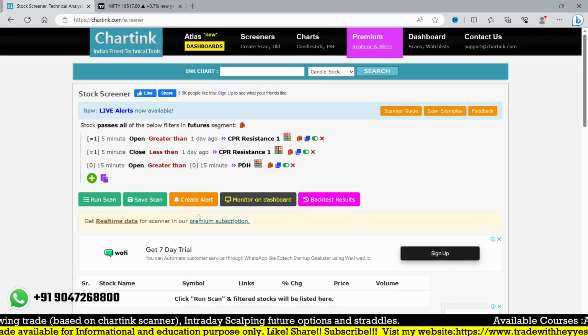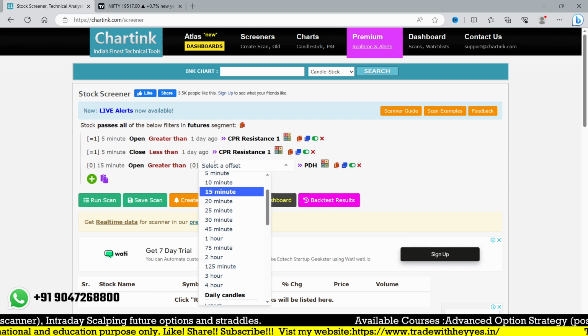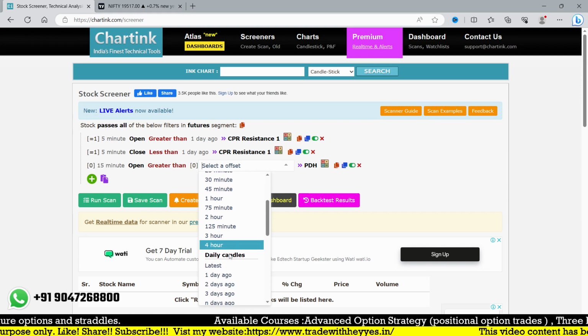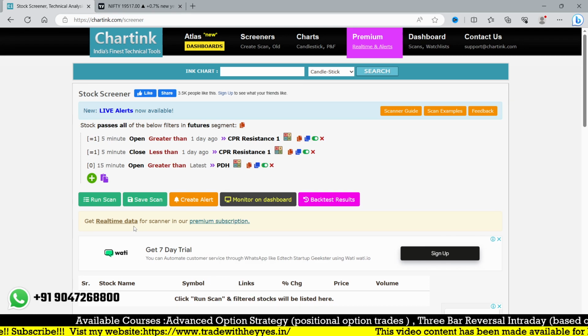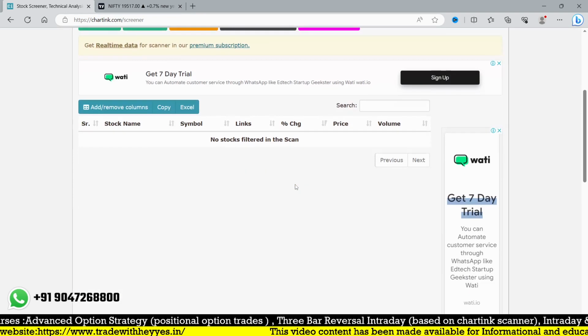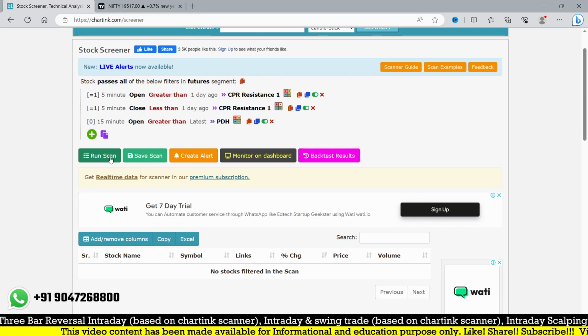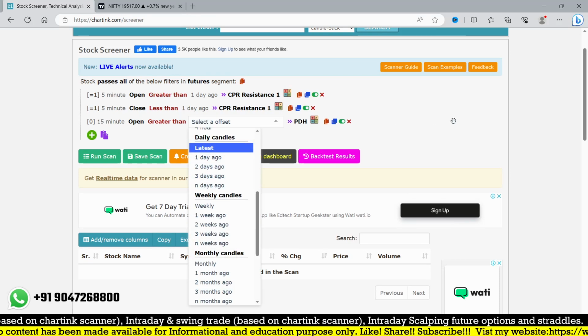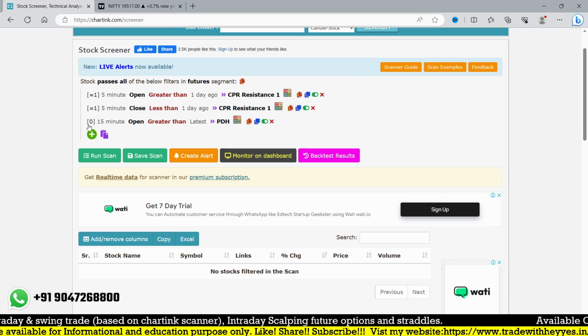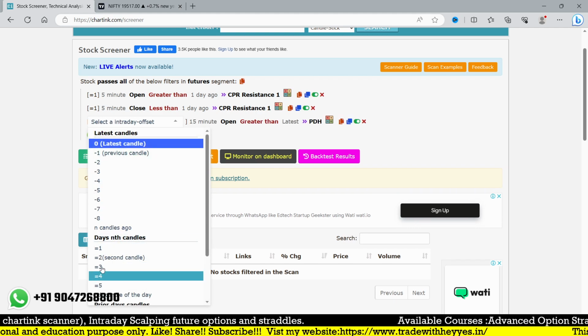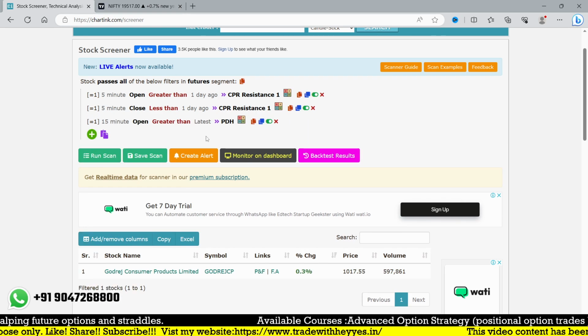Okay, so daily, that means latest. Here we need to use latest. We don't get any stocks here. Just check it. We will check with it here in the first 15 minutes candle itself.